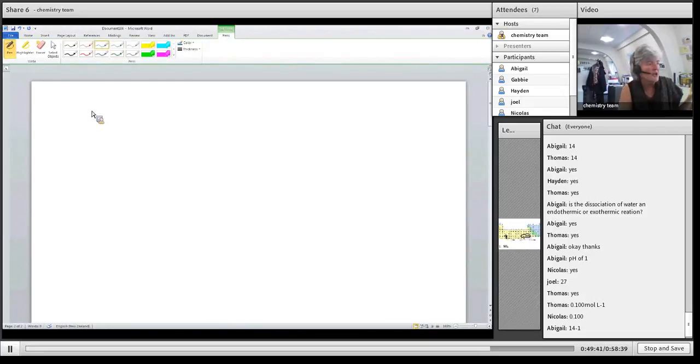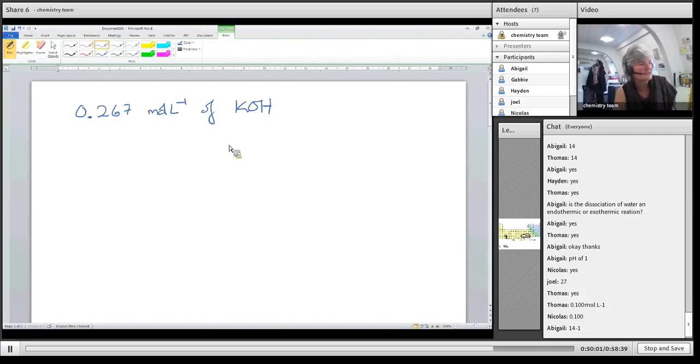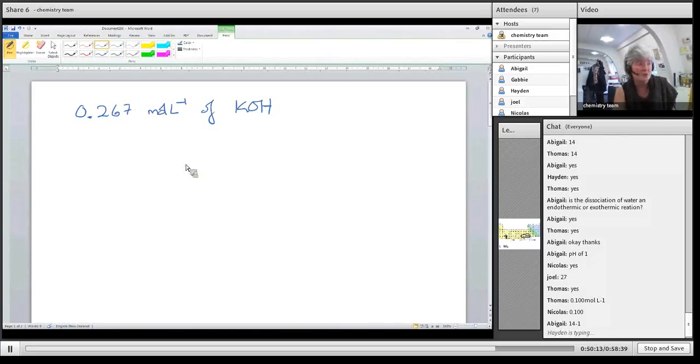So say we had, say, 0.267 moles per liter of potassium hydroxide. Okay, that's a strong base. So the first thing you do is you work out, have I got the hydronium ions there or the hydroxide ions? In other words, am I going to be using pH or am I going to be using pOH?